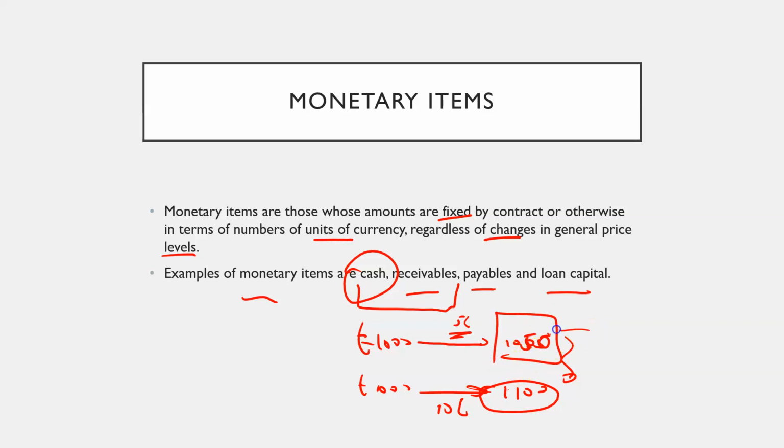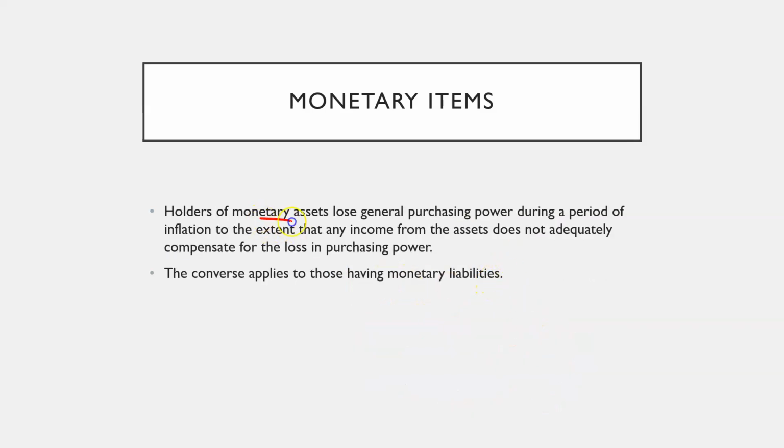The bank doesn't give you more money to account for inflation, so you have to leave that alone. The assets stay the same, but in the same vein, it works in your favor for liabilities. Holders of monetary assets lose general purchasing power during a period of inflation, to the extent that any income from the assets does not adequately compensate for the loss.